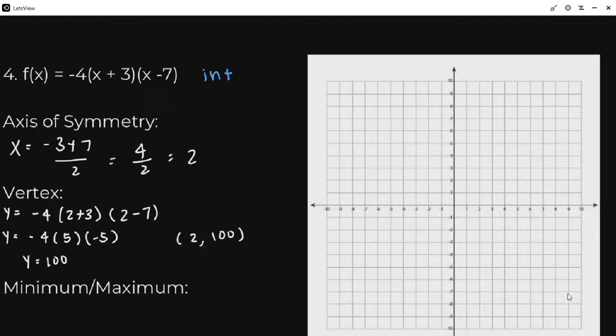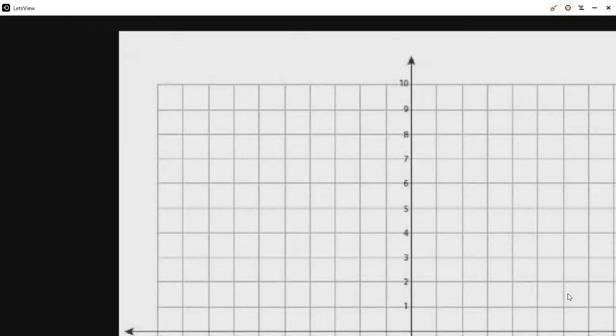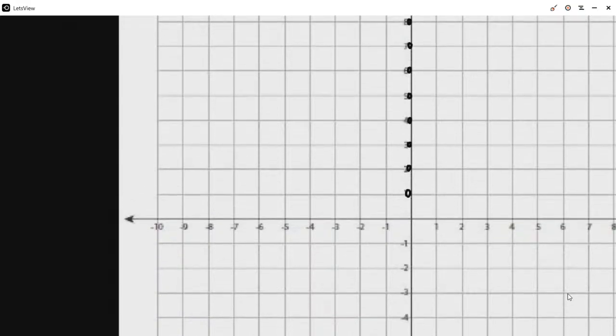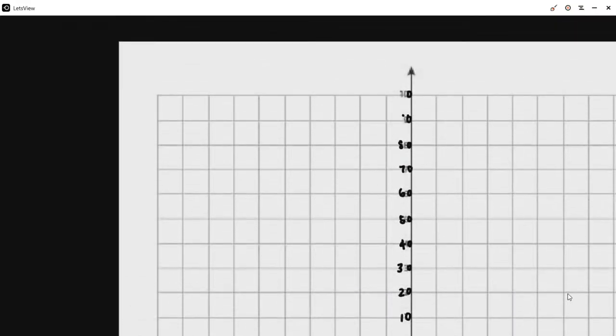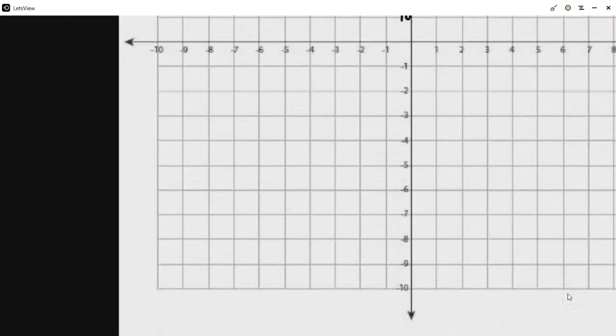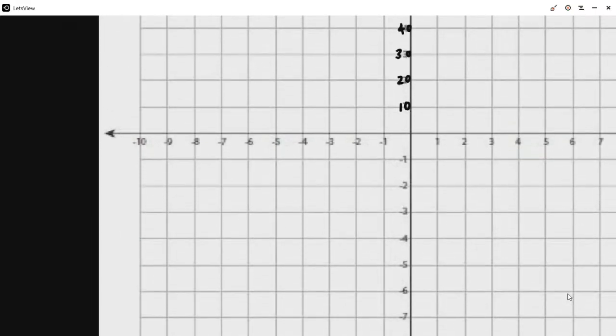Okay, and on my graph, it only goes up to 10, but I'm just going to change these to go by tens, but only on the x-axis. Okay, and then I have to do the same thing on the bottom, so this would be negative 10.